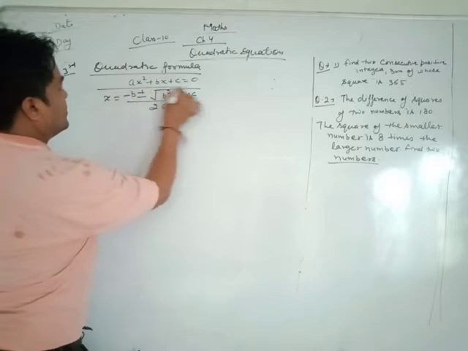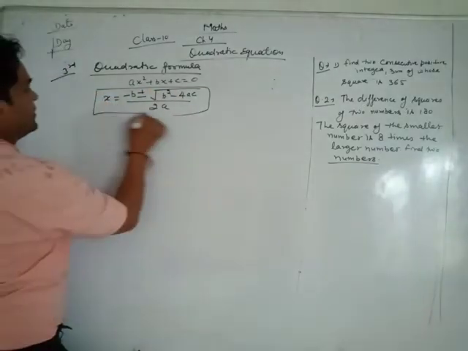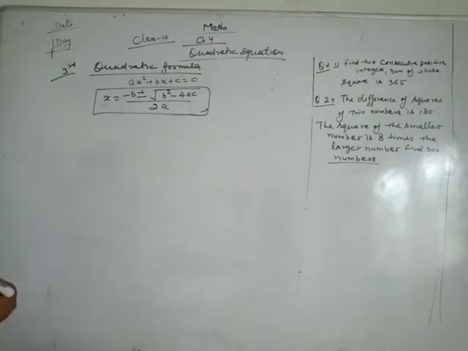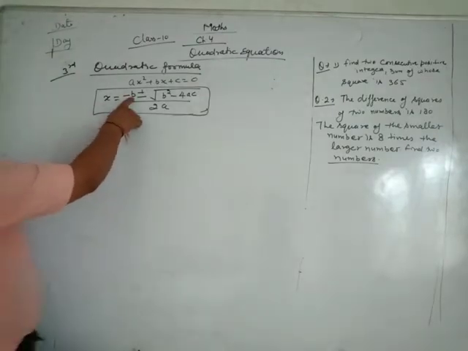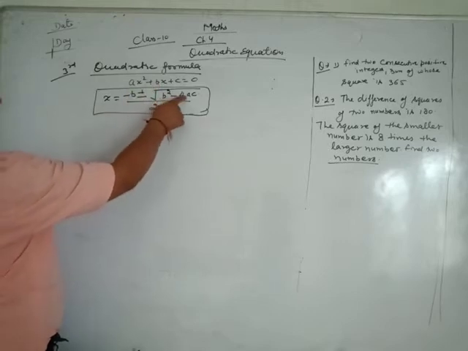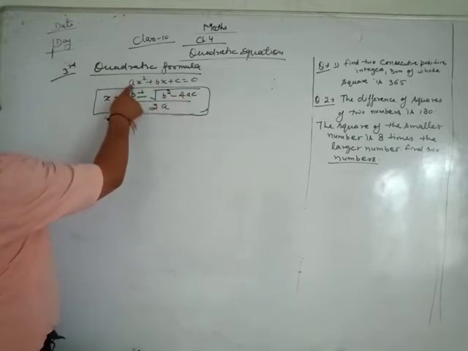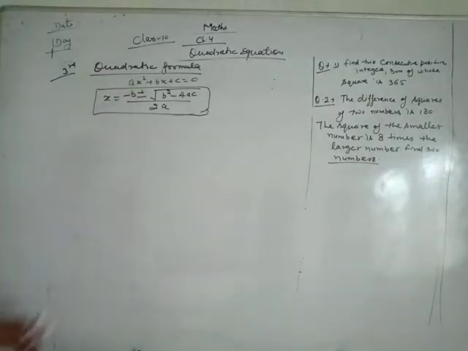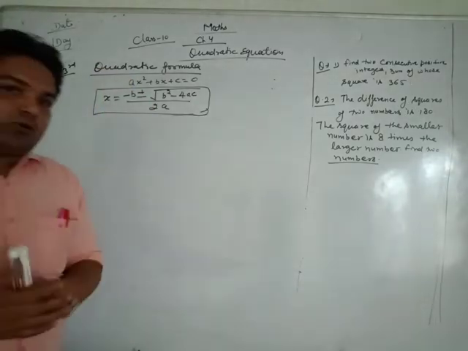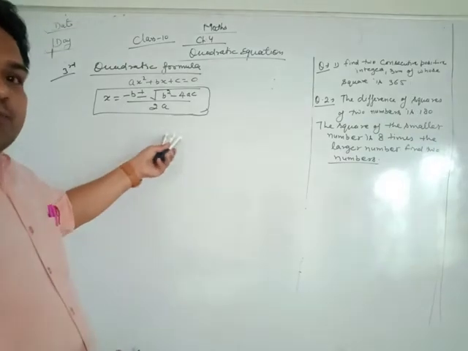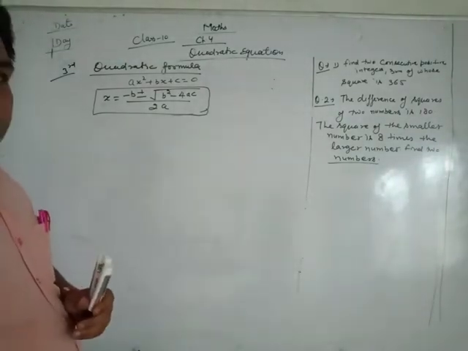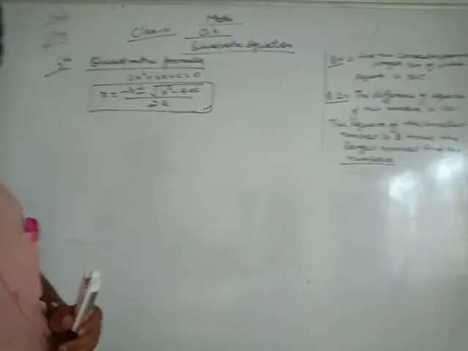It is called the quadratic formula. Simply, b is the coefficient of x, a is the coefficient of x square, and c is the constant term. Many questions we will solve by this formula. It is a very easy formula.